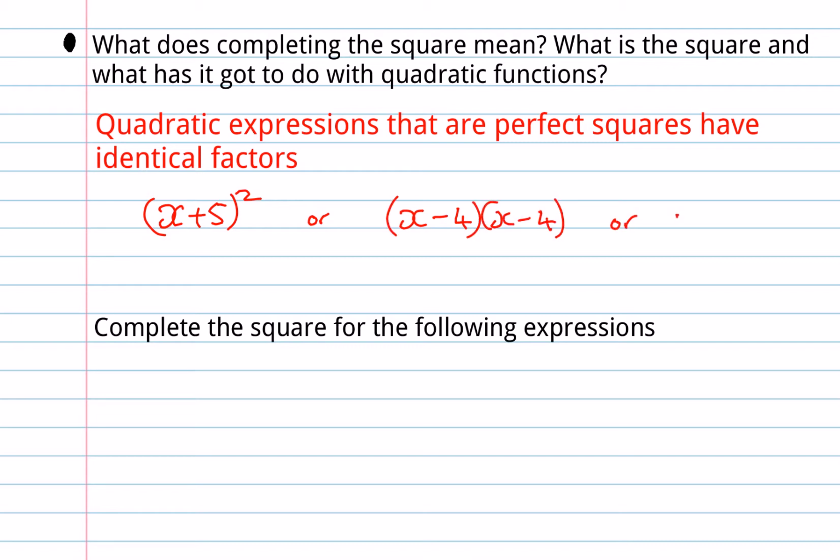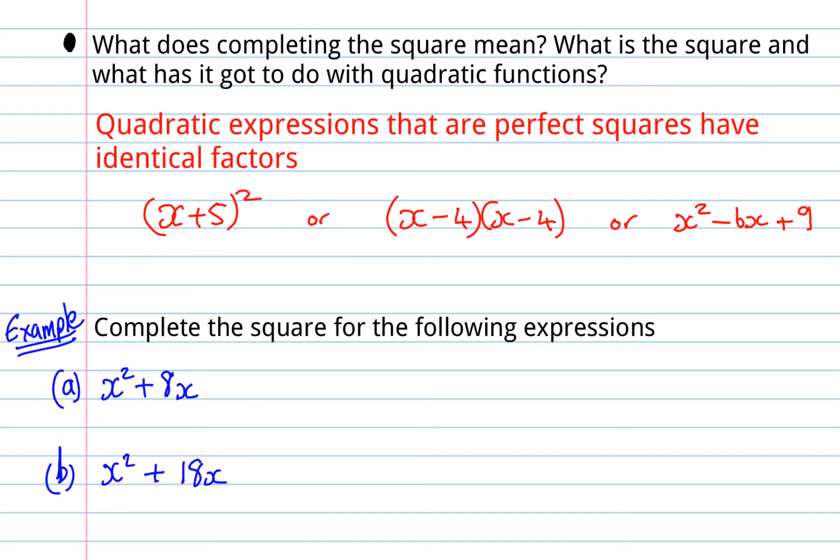Or even, so this expression has identical factors of -5, and this one has identical factors of 4, and this one, if we factorize it, has identical factors of +3, sorry.